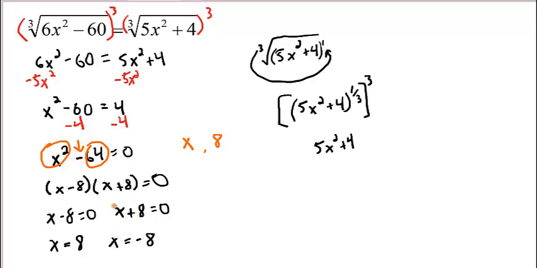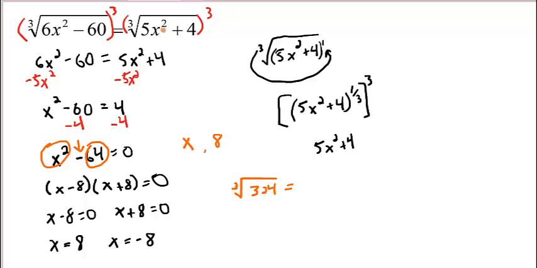We want to check them just to make sure they work. If we plug in an 8 here, we have 8 squared, which is going to be 64, and then times 6, that's going to be 384, and then we're subtracting 60 from 384, which leaves us with 324, and we're taking the cube root of that.